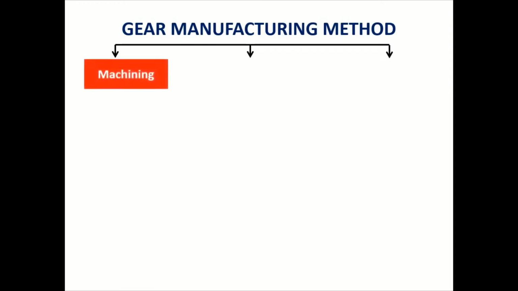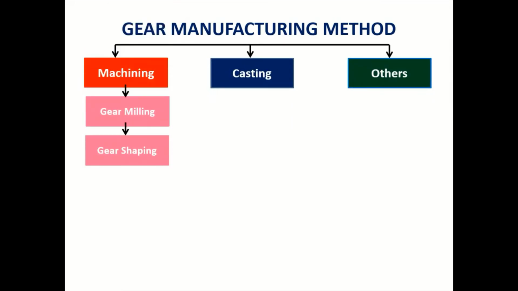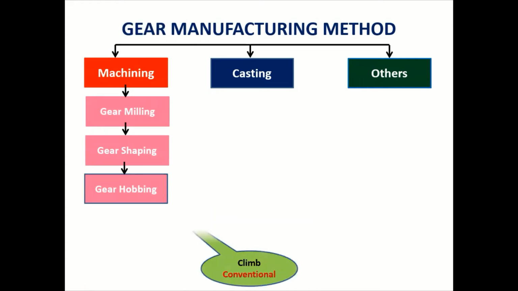There are three major methods: machining, casting, and other methods. In machining, there is gear milling and gear shaping. In gear shaping, there is a pinion cutter and rack cutter. Then gear hobbing, that is climb and conventional hobbing.